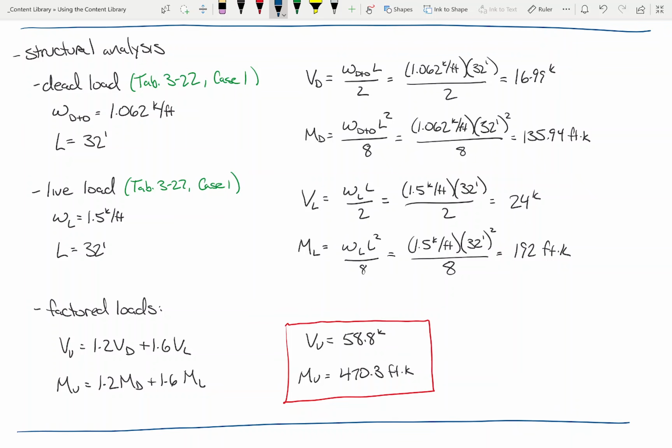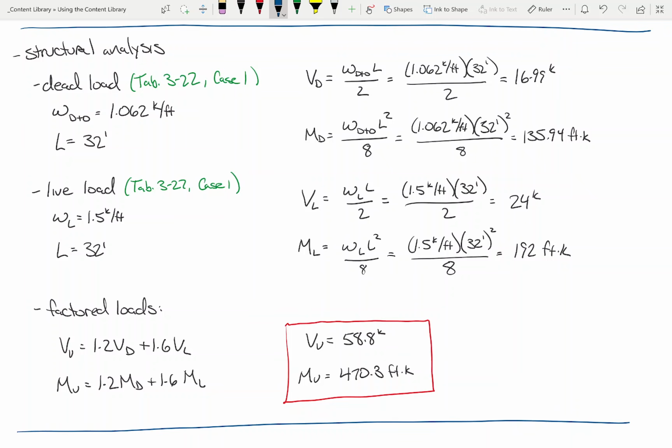Just to give you a real life explanation, if I was designing this table as a beam, what would be a worse scenario? Spreading the load out or sticking the load all right in the middle? Sticking the load right in the middle, right? And that's what the problem is. So if you spread that load out, you are designing an unsafe beam as a result, okay? So that's no good.